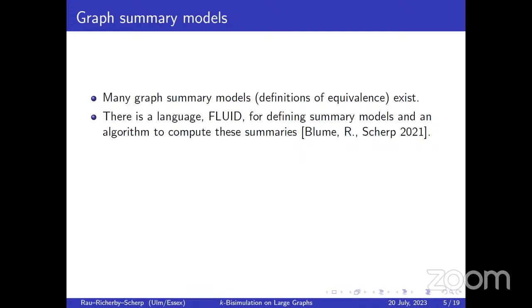And it's going to be recursively defined in this language, which we call fluid, which I'll say a little bit about. But basically, the generic algorithm I mentioned that we're going to compare against these single-purpose bisimulation algorithms is this algorithm here that can process a description of an equivalence in fluid and spit out the summary graph.